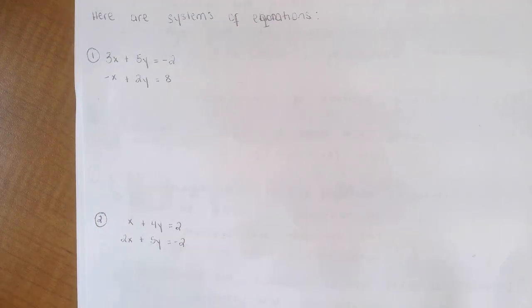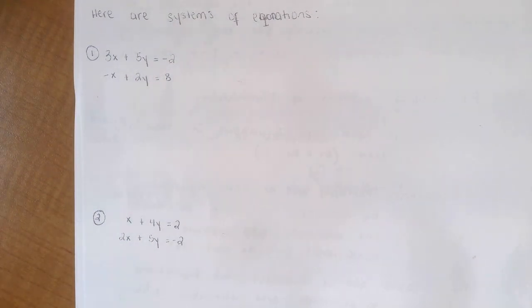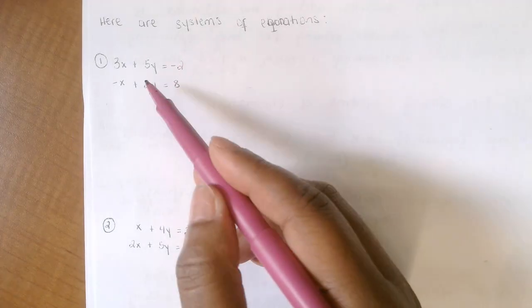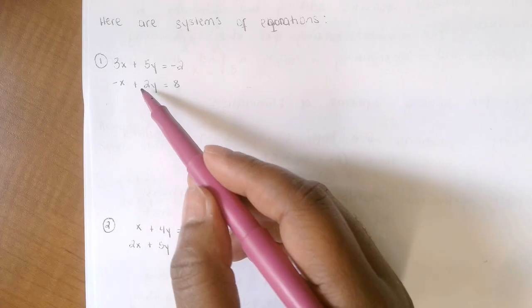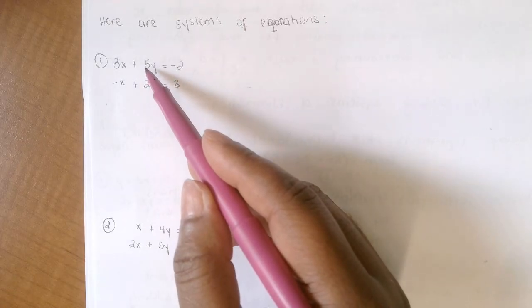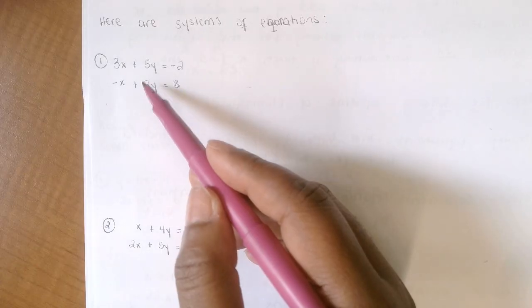Always we're asking ourselves, we want to eliminate one of our variables. Which variable would be easier to eliminate? If we start with the y, we realize that our smallest number is 2, while our biggest number is 5. We ask ourselves, what number can I multiply 2 by to get 5?